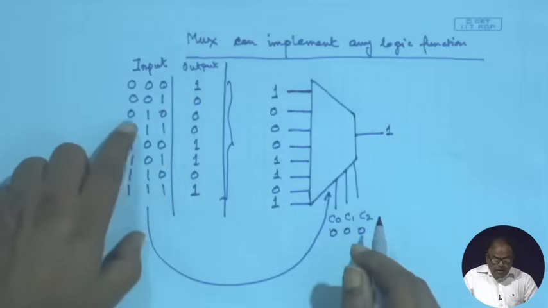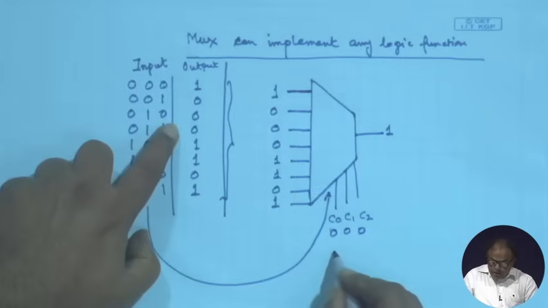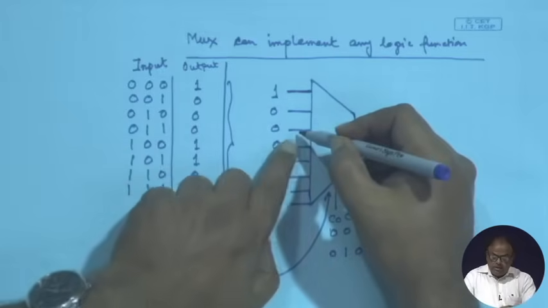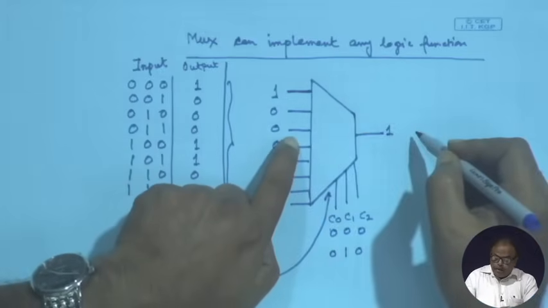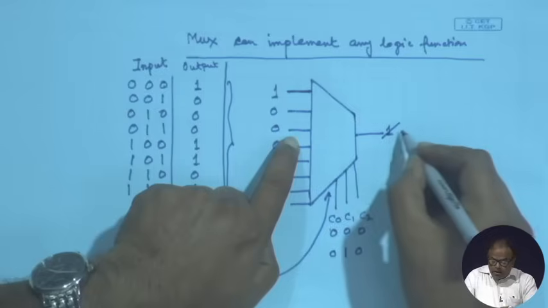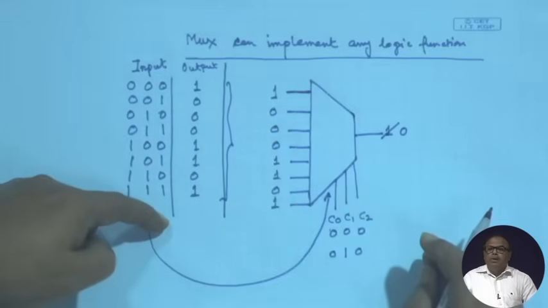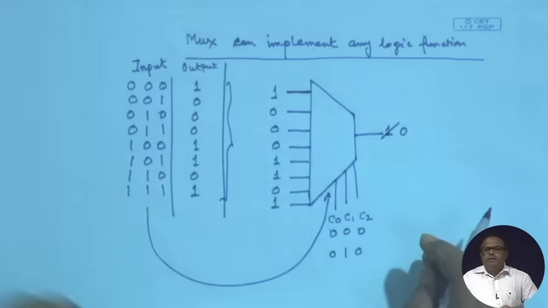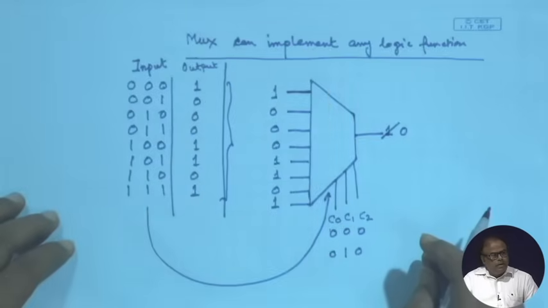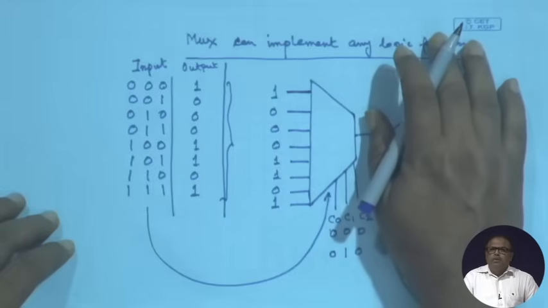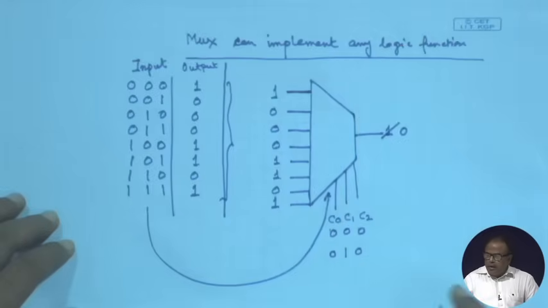If I make the control lines 0, 1, 0, that means the third input will be propagated to the output. So, then this will become 0. In that way, any truth table I can implement using a multiplexer. This is one of the concepts that we will require while we work with FPGAs.